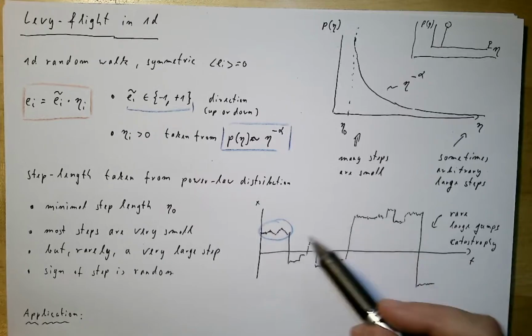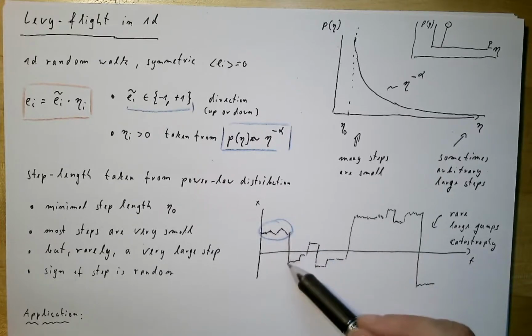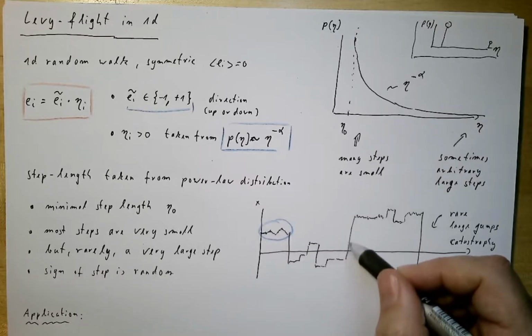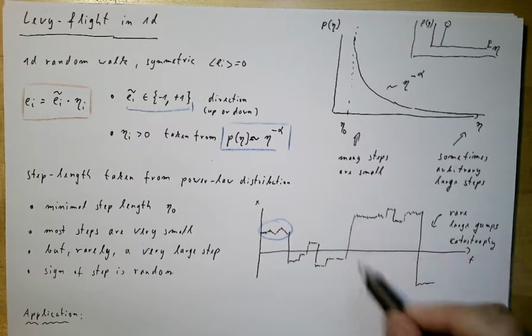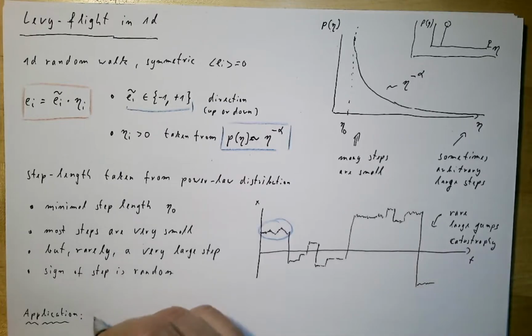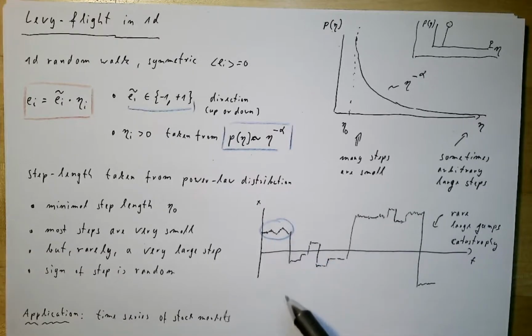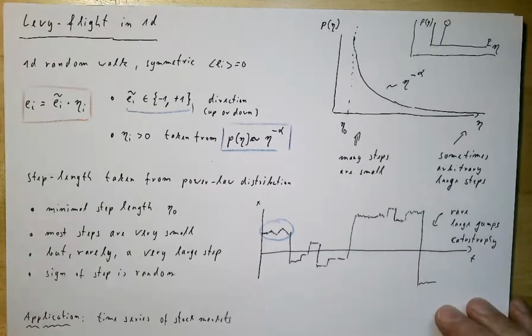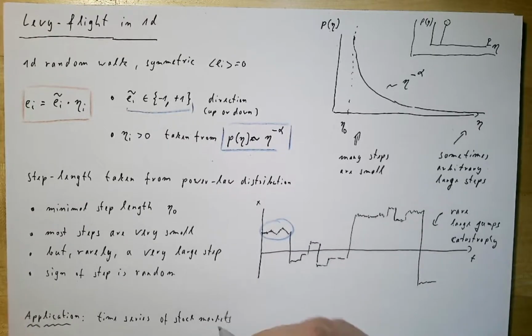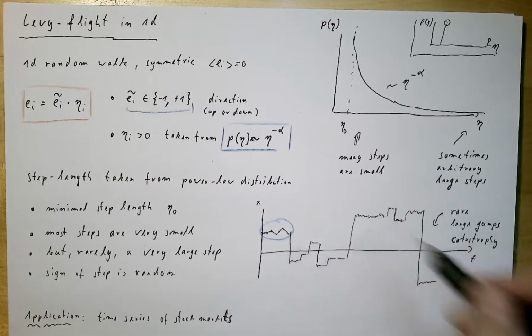And so, even though stock markets don't look exactly like this, you don't have jumps so directly, maybe it goes a little bit more zigzag upwards or downwards, but still time series of stock markets, for example, can show behavior which looks like this. Yeah, but there could also be other time series of natural systems which have this kind of fluctuations.